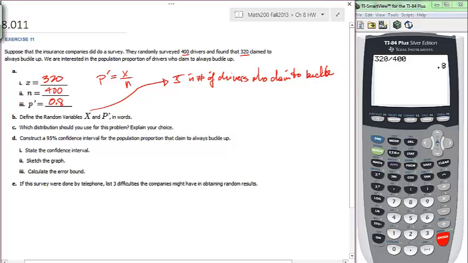And then capital P prime, let's put a little mark down here to say it's capital P as opposed to little p, is going to be the proportion of drivers who claim to buckle up.